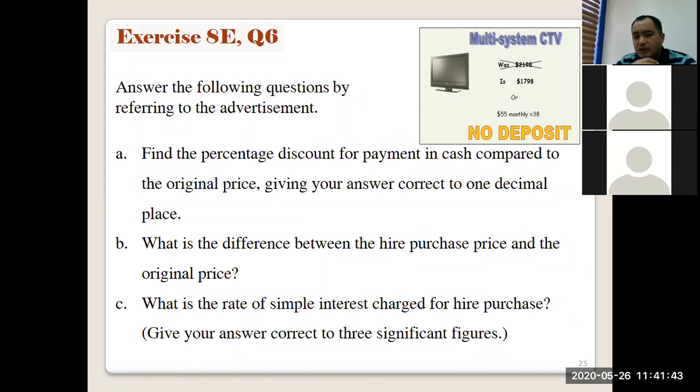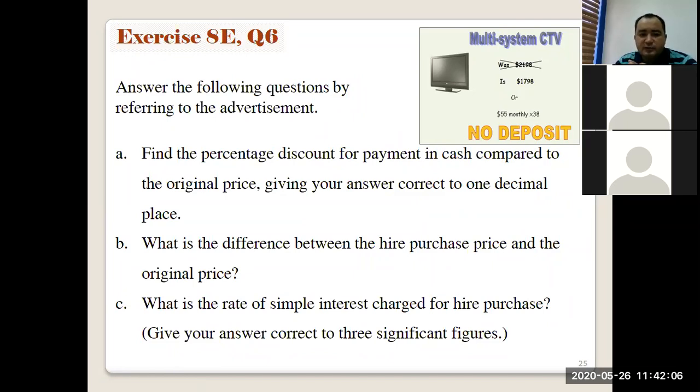Maybe due to some coronavirus, I don't know. So they just decrease the price. Okay, maybe it's a kind of promotion. Or it says that $55 monthly, and how many installments? 38 installments, no deposits. Okay, so answer the following questions by referring to the advertisement.